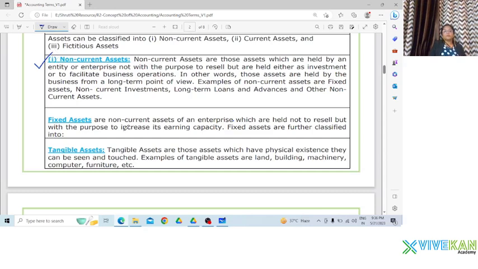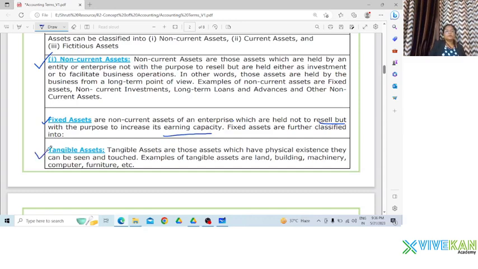Now, fixed assets are non-current assets of an enterprise which are held not for sale, but with the purpose to increase the earning capacity. A simple example is your plant and machinery.